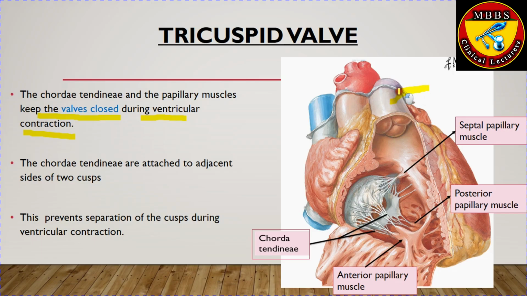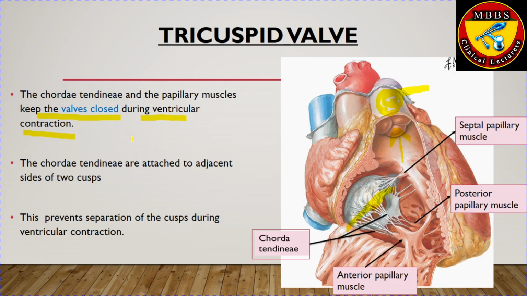This is the pulmonary trunk. The blood is pushed into the pulmonary trunk and the tricuspid valve is closed so that the blood does not regurgitate or re-enter into the right atrium.